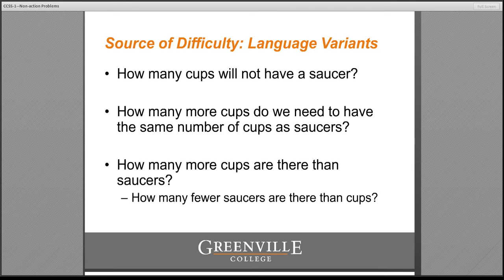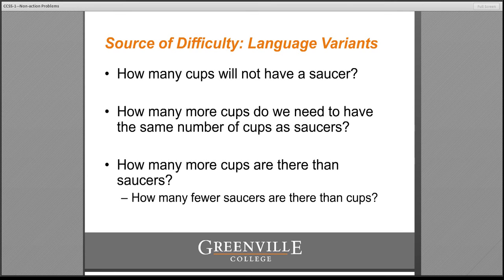Now, not all of these language variants are of equal difficulty, and I use that to my advantage to gradually transition children into more formal and unfamiliar language of comparison. For example, I might bring actual cups and saucers into the classroom, begin with a brief demonstration, and use the top question. So how many cups will not have a saucer?